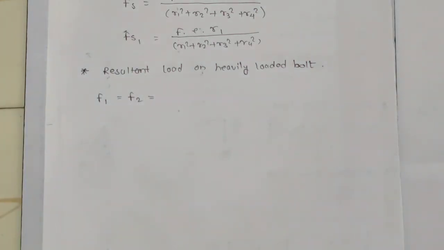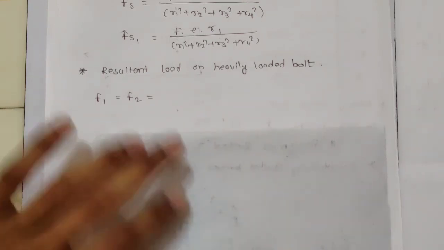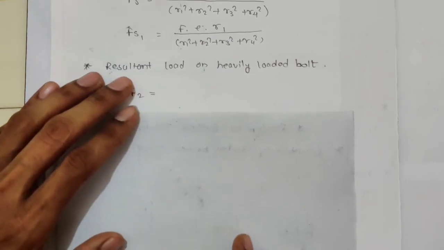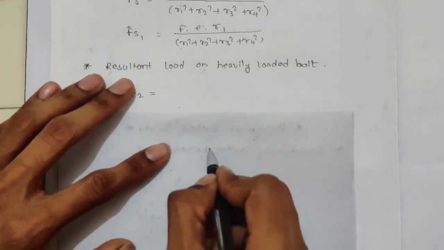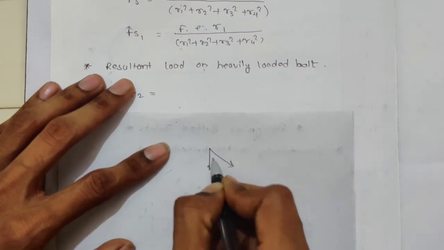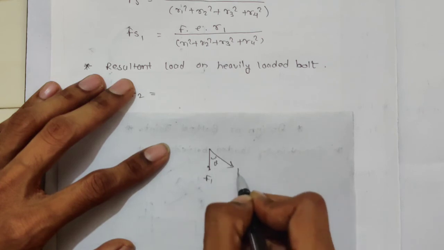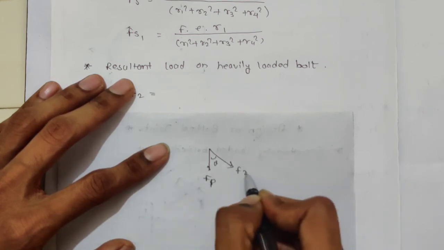Now we know the addition of vectors from maths, because force and stresses are nothing but vectors. So they're having an angle theta in between. This is F1 and this is F2. For our case it is Fp and it is Fs.